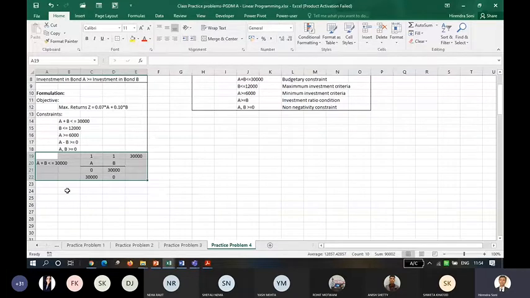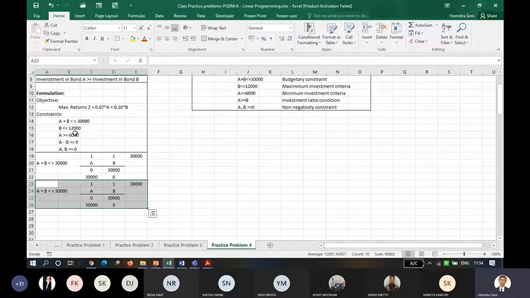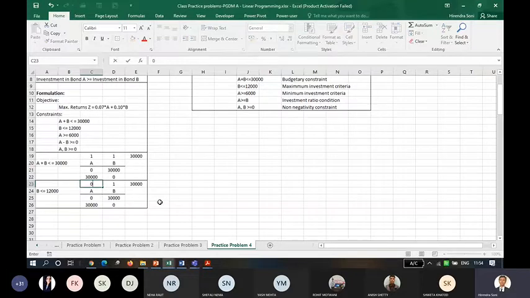Now let me do it for the second one. What will it be for the second? Let us first copy this here so that it is easy. Now for this A will be 0, B will be 1. What about this? 12,000. Correct?